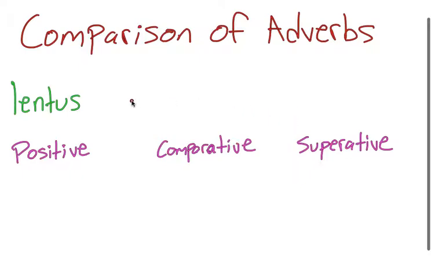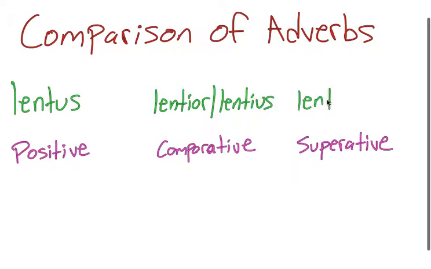But first I'm going to do the adjective. So remember lentus, then lentior or lentius for neuter, and then superlative would be lentissimus. Okay, so lentus means slow, so slow, slower, slowest.